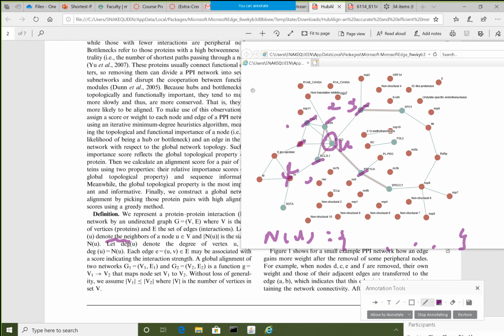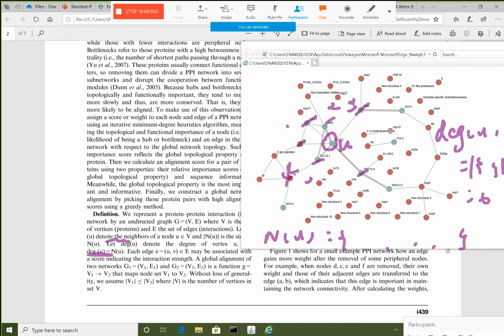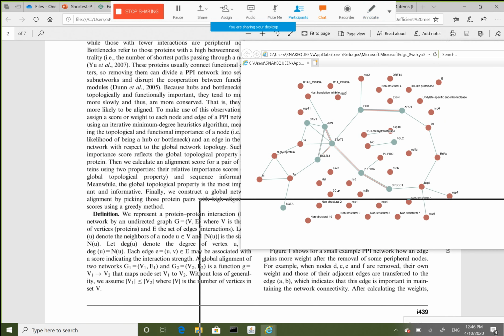When we talk about the degree of U, that's different. Degree of U corresponds to the number of label connections. So in this case, we have 6, right? So just be aware of these two terms in this paper to emphasize.